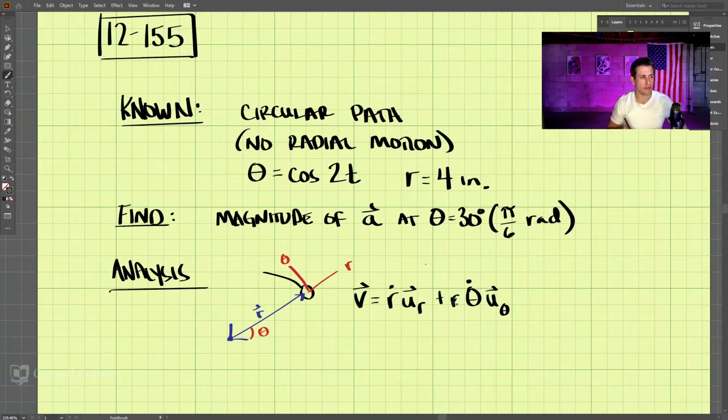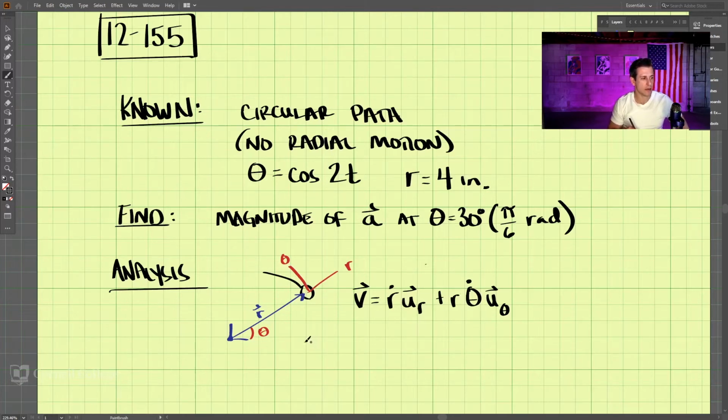In the transverse direction, if we're looking for the velocity in this tangential direction, if you want to think of it that way, we would get that by taking r times the angular velocity, which is theta dot. So if theta dot is in radians per second, we multiply that by r, and we would get the velocity in the transverse direction there.